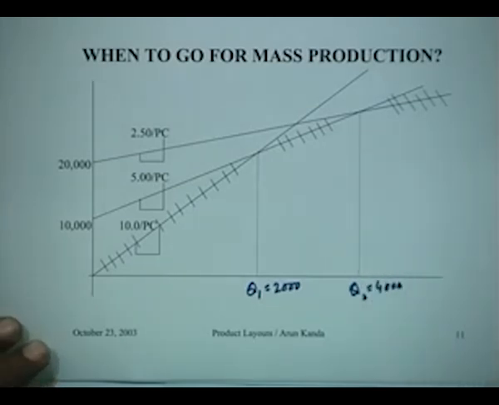So these kinds of decisions actually have to be taken before you decide whether you should go for mass production and when you should go for mass production. So it is essentially an economic decision.